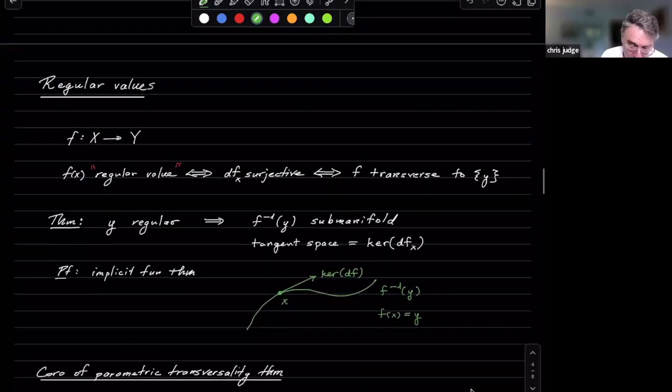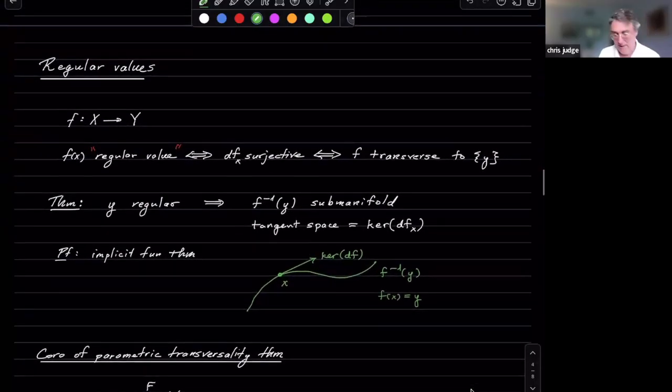Okay, so now, one way to think about this theorem, to bring things down, and this is the level at which Uhlenbeck's simplicity result is proven, is to think about a simpler case where you're only interested in regular values. So let's just suppose we have a map from X to Y, where X and Y are manifolds. F of X is a regular value if and only if the differential is surjective at each preimage.